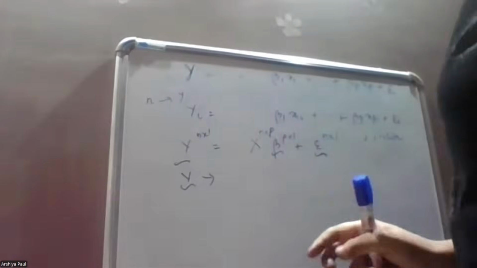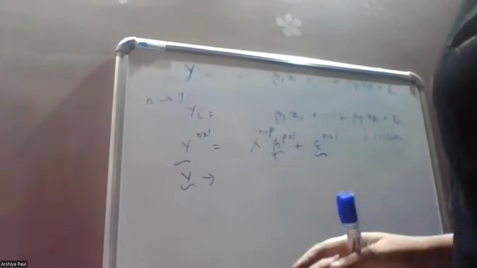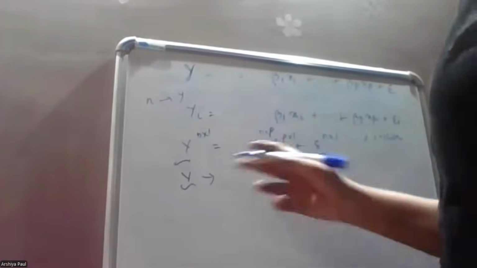About epsilon, we assume that they have a probability distribution with mean 0 and variance sigma square, so they all have the same variance. They are also independent of each other, so each epsilon i is independent of epsilon j, where i is not equal to j. And we also assume that n is greater than or equal to p.